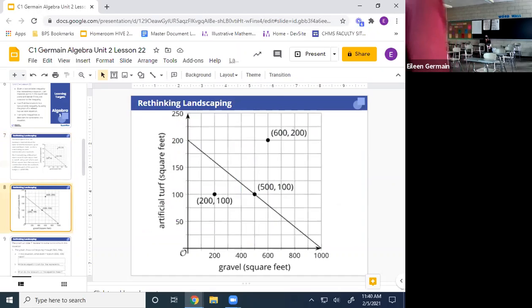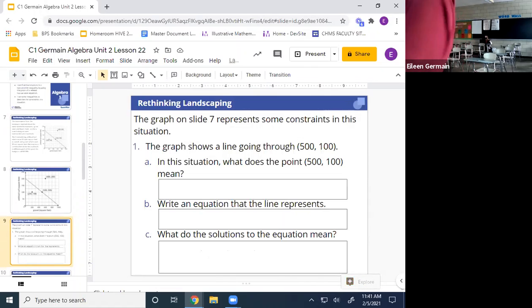I put a larger picture of it on slide number 8. So we're not going to do anything with this slide, but we're going to refer back to it. If we look first at slide number 9, I added a slide on here, so we're looking at 8. The graph on slide 8 represents some. I'm going to go like this.